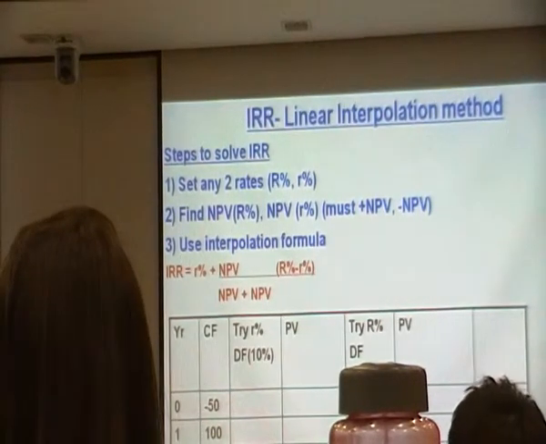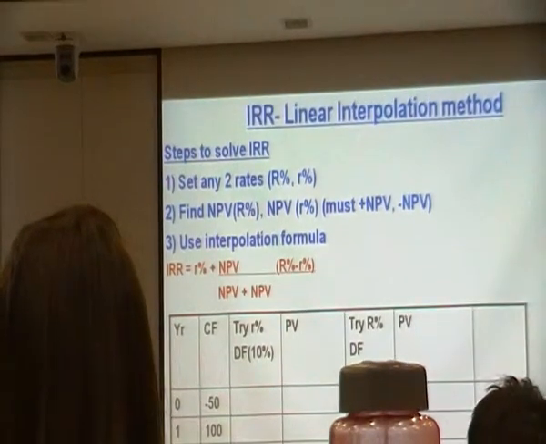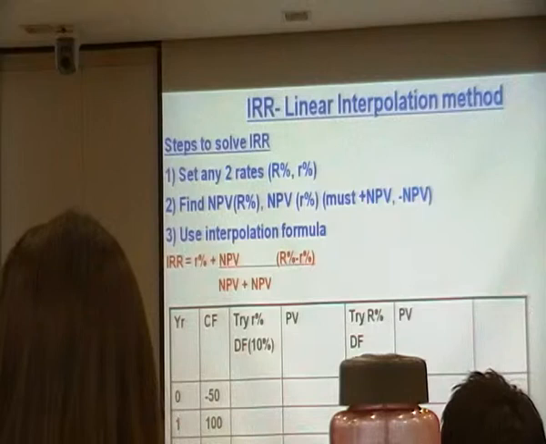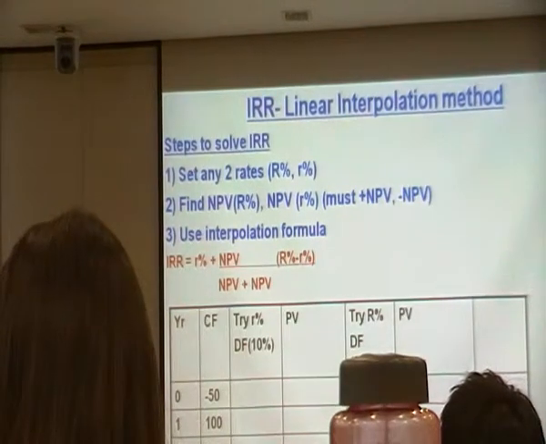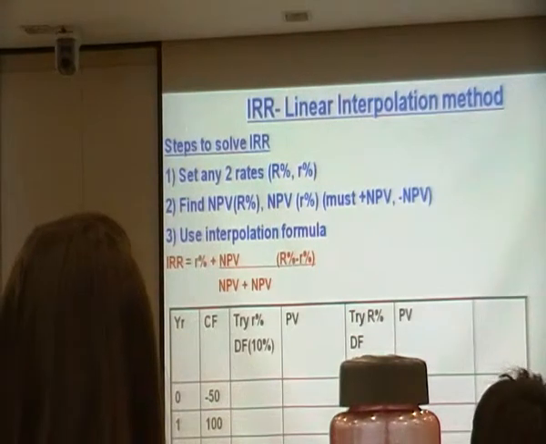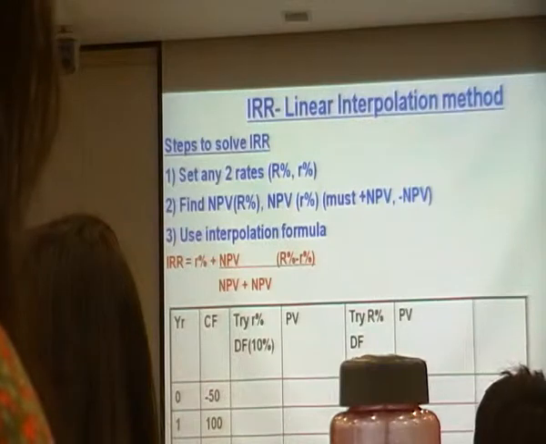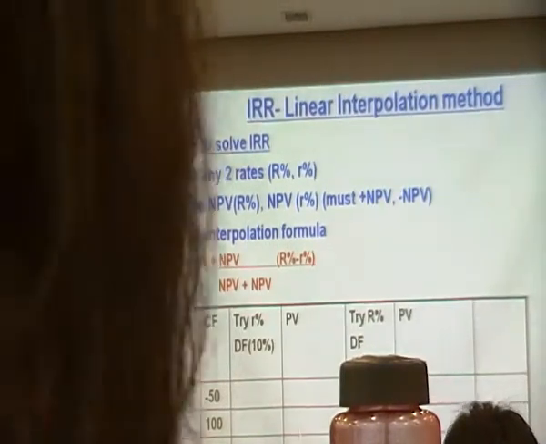The answer is positive. So for the next one, you know you must get something negative. So must this rate be higher or lower? Definitely higher. I repeat, if you want a negative NPV, the rate must be high. If you want a positive NPV, the rate must be small.